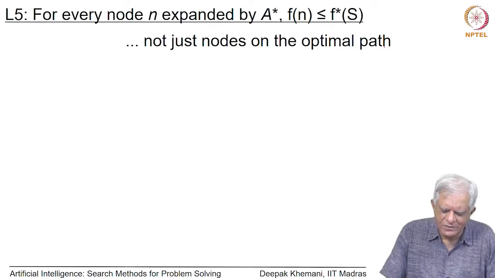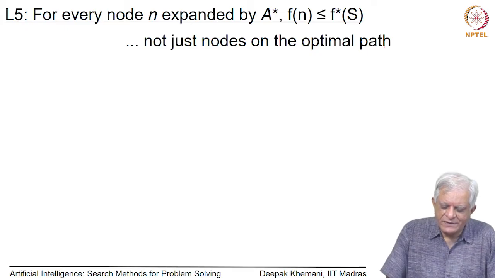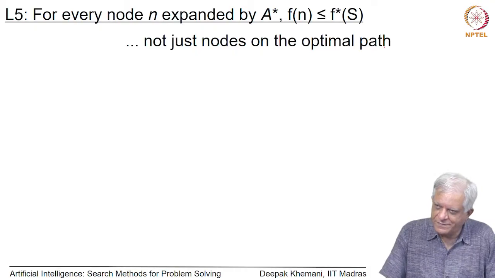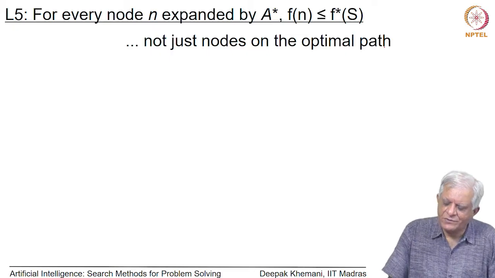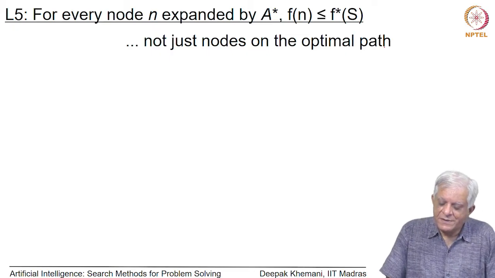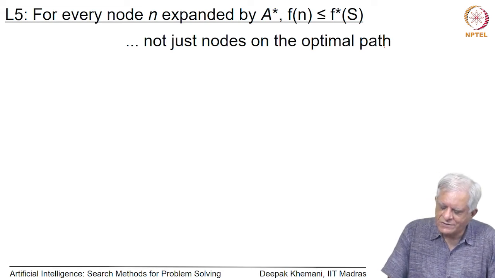The next lemma that we want to prove is that for every node that A star picks, or every node that is expanded by A star, its value f of n is going to be less than the value of the optimal cost path. So, this is not just for the nodes which are on the optimal path, but A star only picks those nodes whose estimated cost of the final solution.